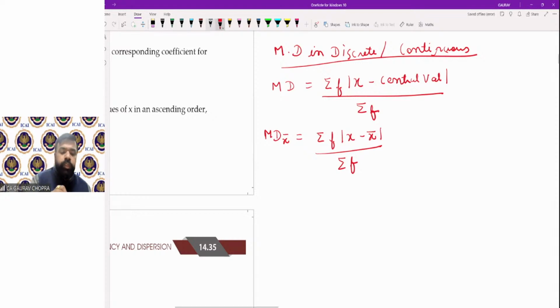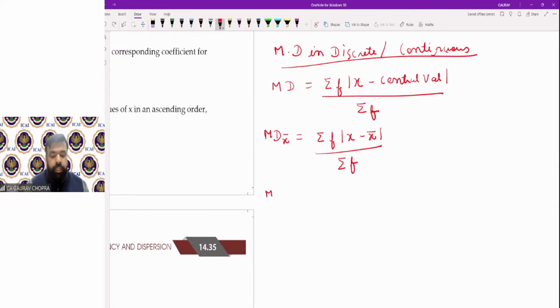Now many times students ask a common doubt: can we cancel this sigma f with sigma f? Sigma f is written in the numerator and also in the denominator, so can we cancel it? No, you cannot cancel these, because the numerator does not have only sigma f, it is sigma f into mod x minus x bar. This is the complete term, so you cannot cancel.